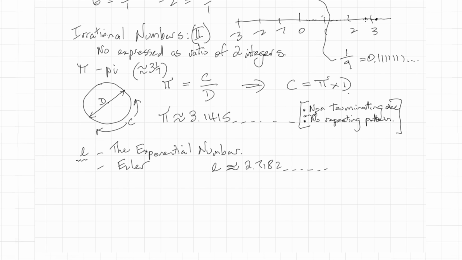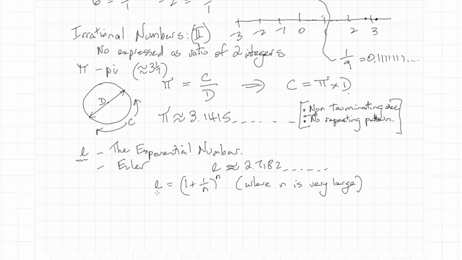It fills in the gap. A formula for e is 1 plus 1 on n, all raised to the power of n, where n is very large.